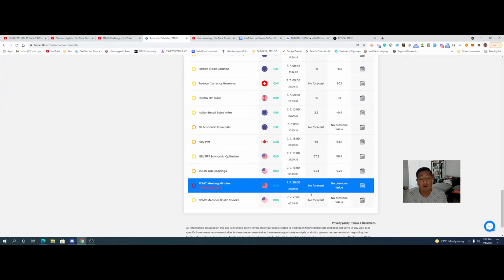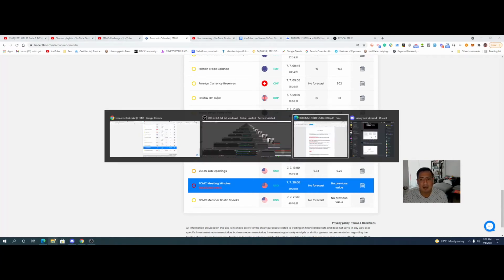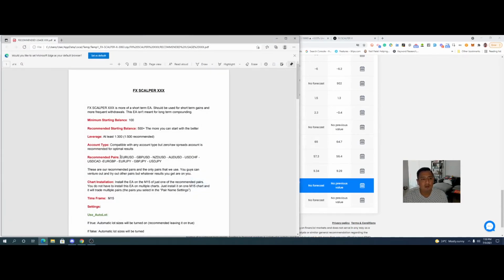But if we go into deep drawdown because of the news, that's also hurting. So we kind of have to weigh out our options, and I feel that when we get to that point, we can do that. But until it happens, let's just take each step as it comes. So Wednesday, it looks like we won't be trading any of the USD pairs, and if we take a look at our manual, you can see all the USD pairs that we have.